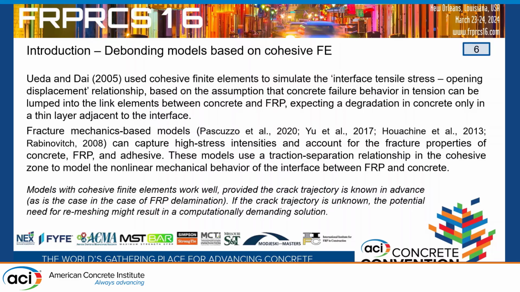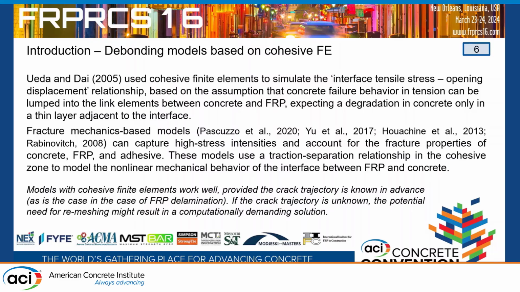Then you can see the further development of the ideas based on the fracture mechanics approach. Reportedly, fracture mechanics based models use a traction separation relationship in the cohesive zone to model the nonlinear mechanical behavior of the interface. Furthermore, they can capture high stress intensity and account for the fracture properties of concrete, FRP, and adhesive.